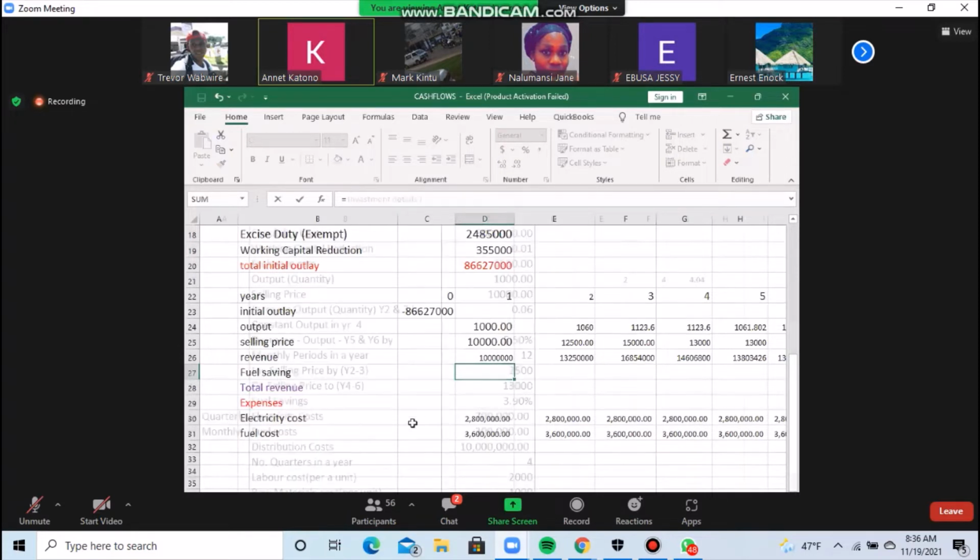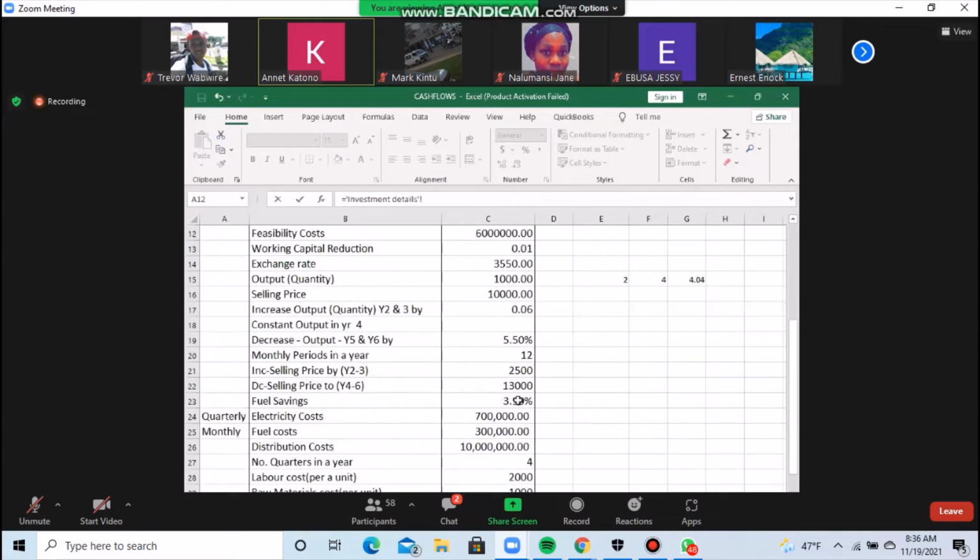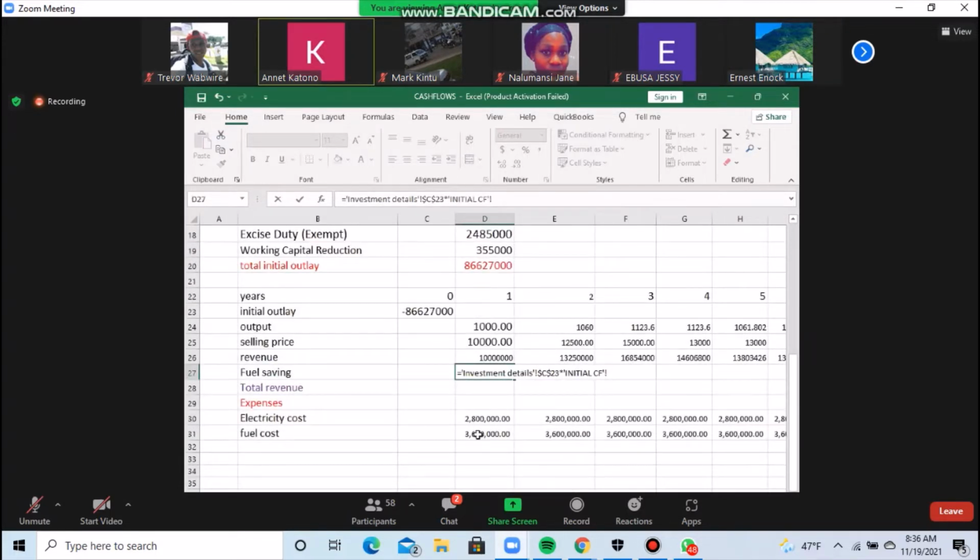Go to your investment detail sheet, pick on that percentage. And since that percentage is going to be used all through that column, you're going to fix it, F4, times, go back to your initial cash flow and pick on the fuel cost annually.